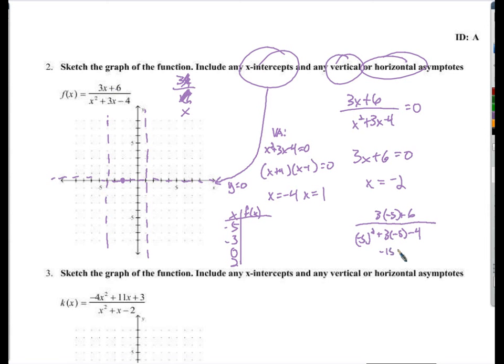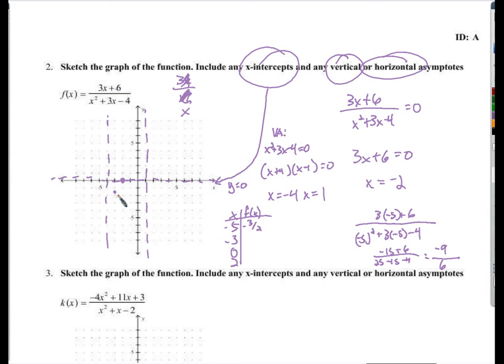That's -15 plus 6 over 25 minus 15 minus 4 equals -9 over... 25 minus 15 is 10, minus 4 is 6. So -3 halves. -3 halves. So we have the point at -4 and -3 halves.